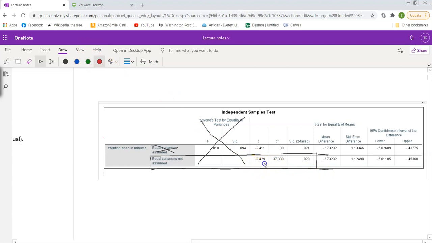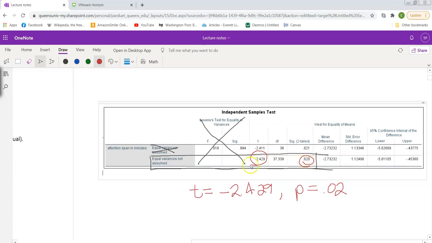So our test statistic is negative 2.429. And our p-value, and this is for the two-tailed test, is 0.02.